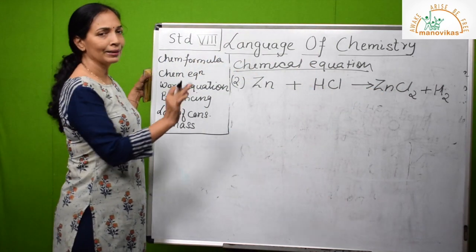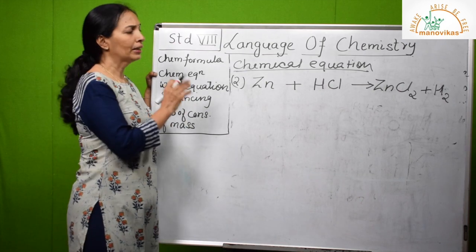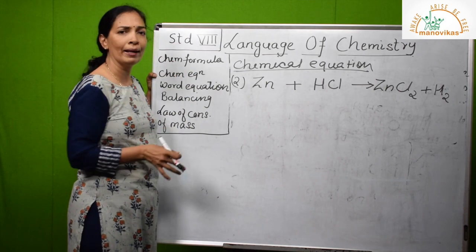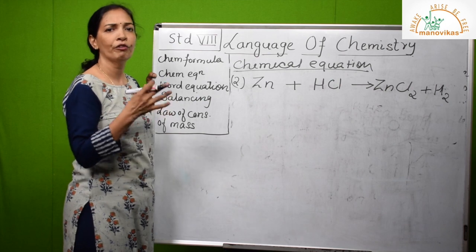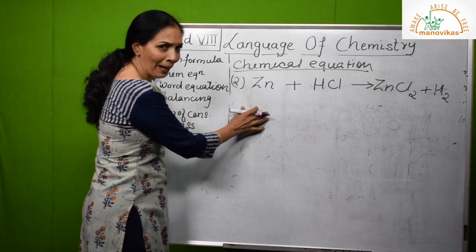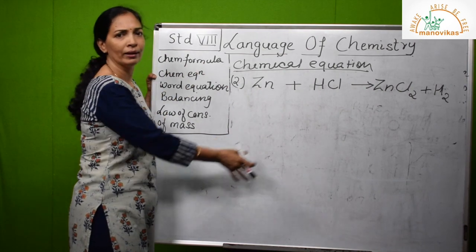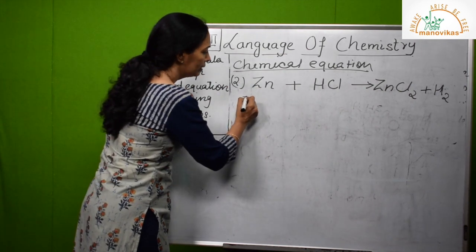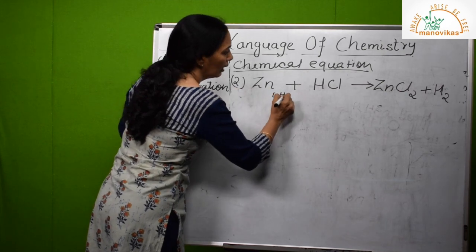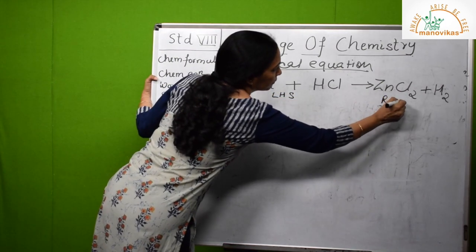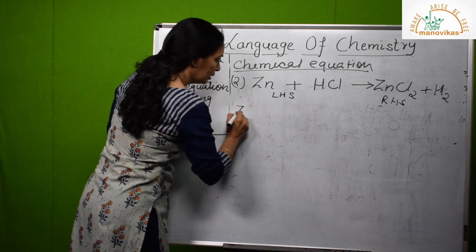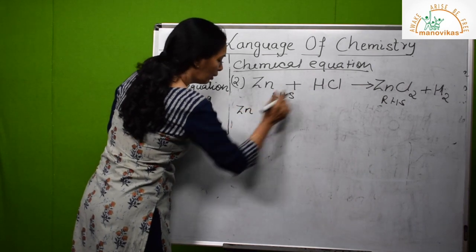Now let us see, this is a skeletal equation. Sometimes the given equation is already balanced and you have to write it as self-balanced. Okay. When you are balancing, always start using a pencil and finally you write the correct equation. So here left hand side and right hand side. What are all the elements there?